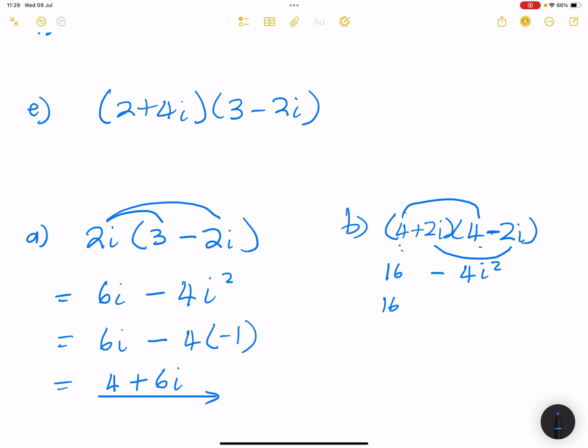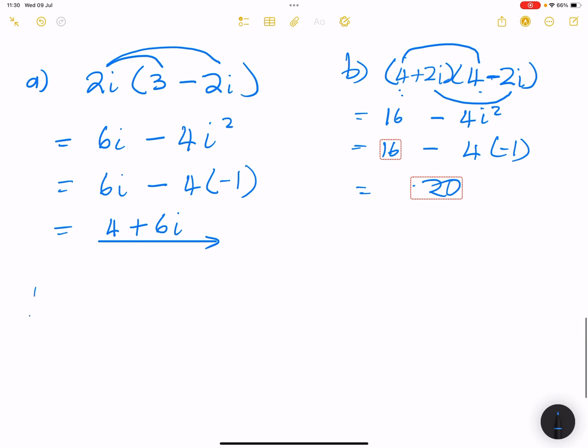And so that's where we said 16 minus 4 into negative 1, and that is how we got 20. So please be able to recognize the difference of squares very quickly, because that's a mathematical hack that will help you in the future.